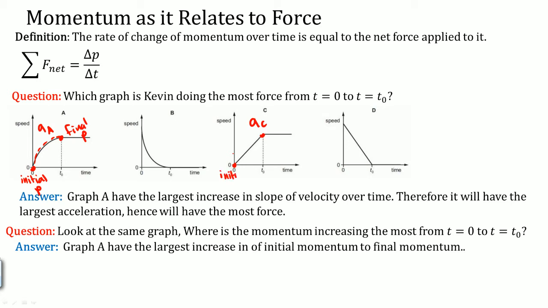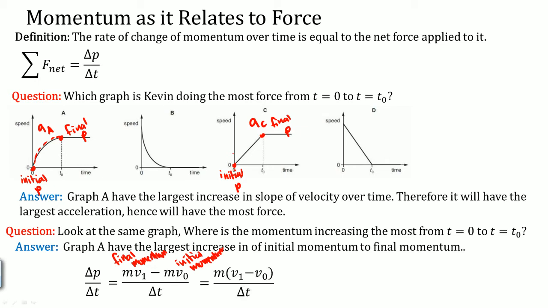Initial momentum and final momentum. And you can see here that delta P over delta T is equal to the final momentum minus the initial momentum, and if you divide that by delta T, you get this.